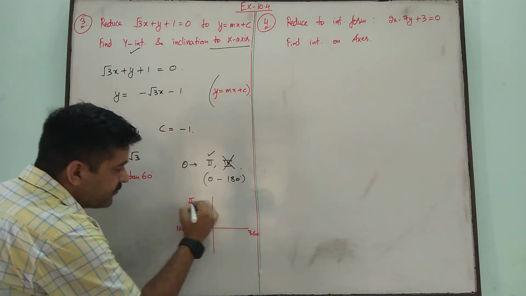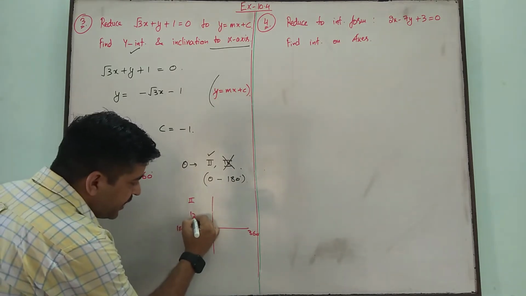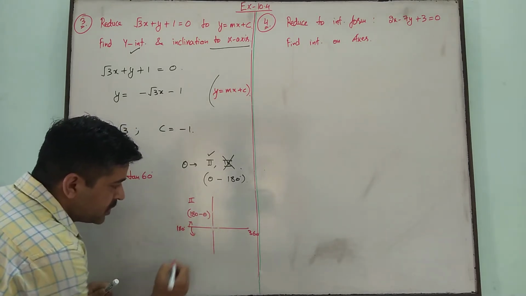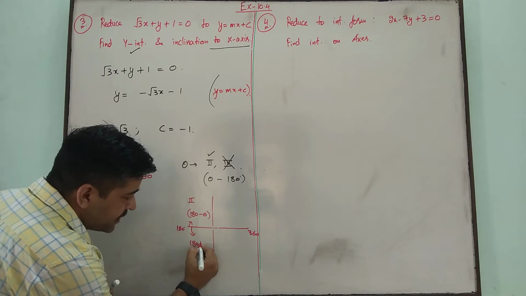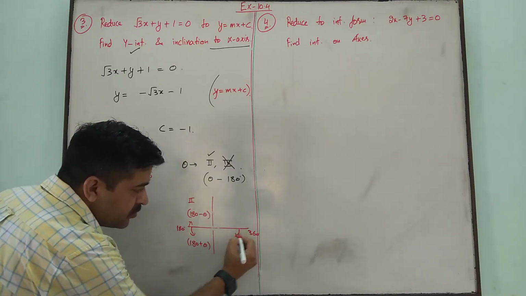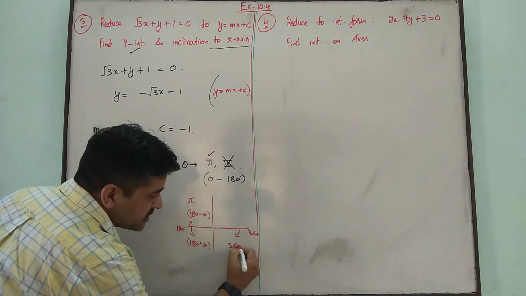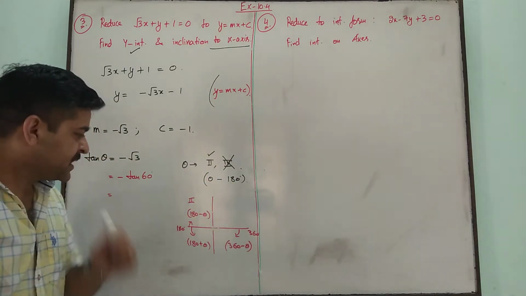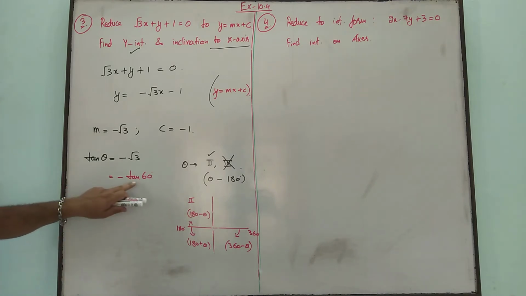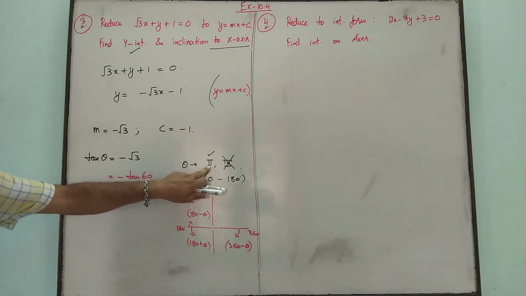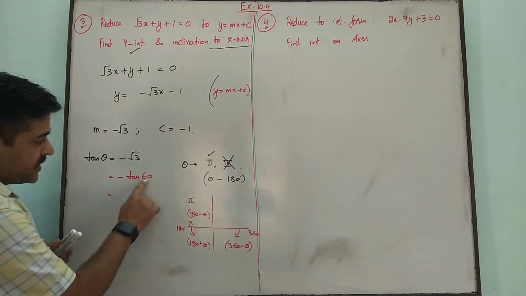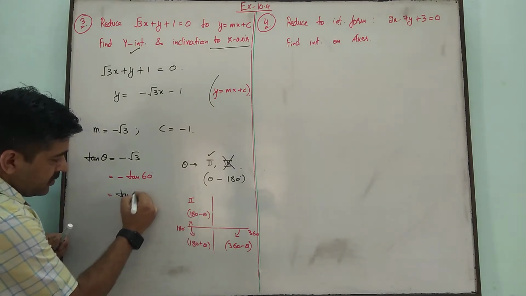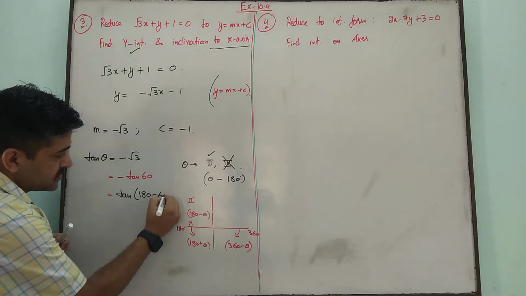If you have to move to second, then 180 minus theta, and if you have to move to third, then 180 plus theta, and if you need to move to fourth, then 360 minus theta. First you need not move. Now we have to move to second quadrant as theta lies in second quadrant. So the concept is theta is 60, 180 minus theta. So you just write tan 180 minus 60.